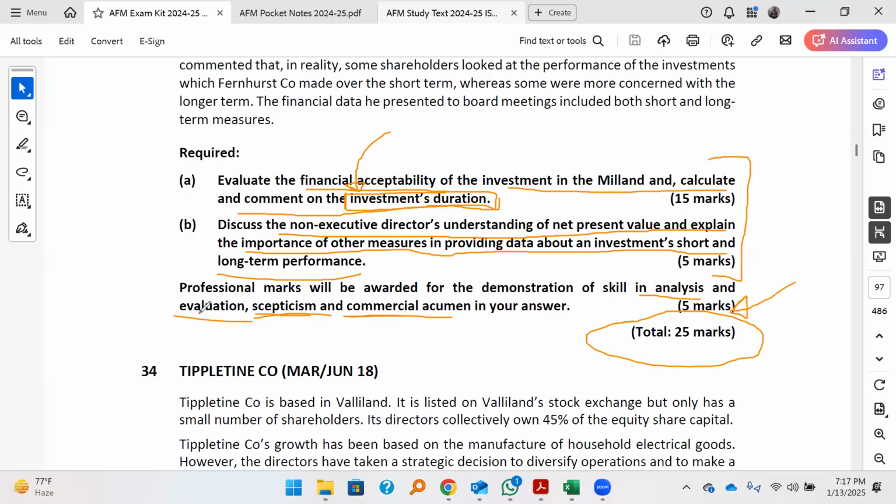So analysis and evaluation basically means, can you read the scenario and pick the key information that is given to you and use it to answer the questions asked. And usually that is going to involve picking figures, calculating.